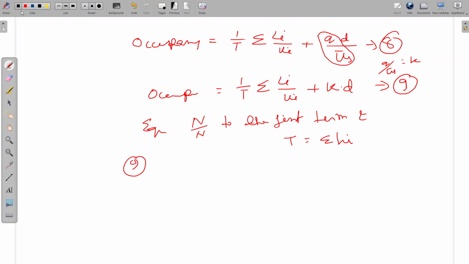From 9 we can write occupancy is equal to, what I am doing, I am multiplying by n here, divided by n, summation of li by ui plus kd, or dk you can write. And this time I am writing like this, 1 upon t.